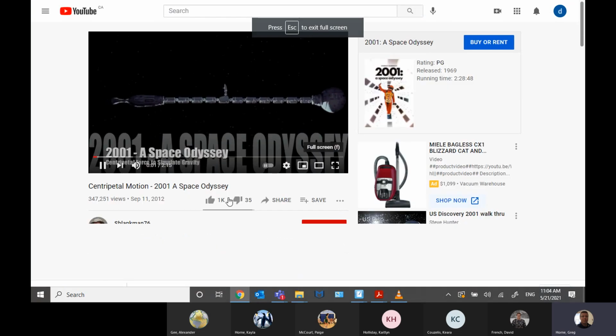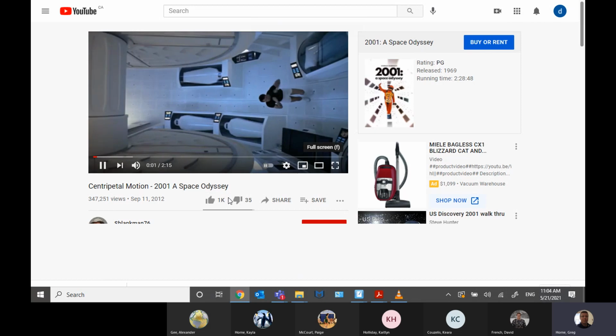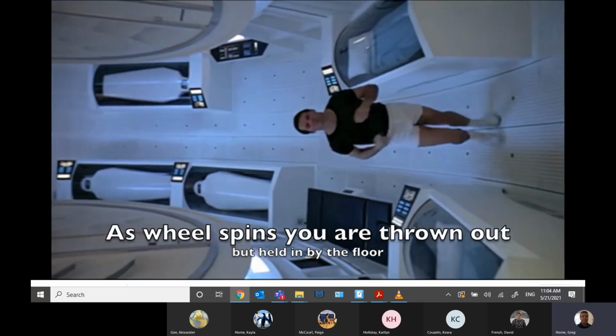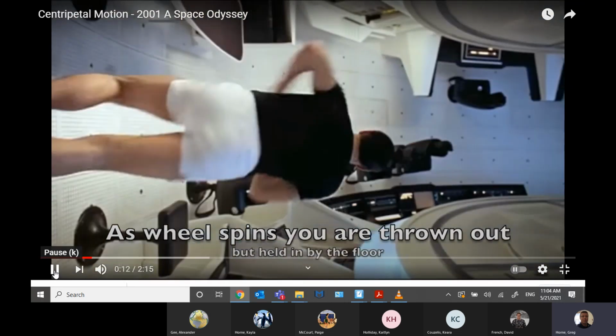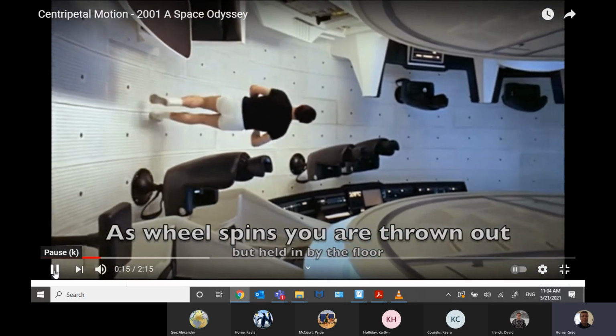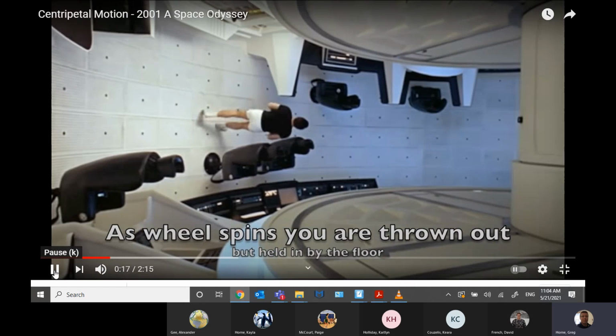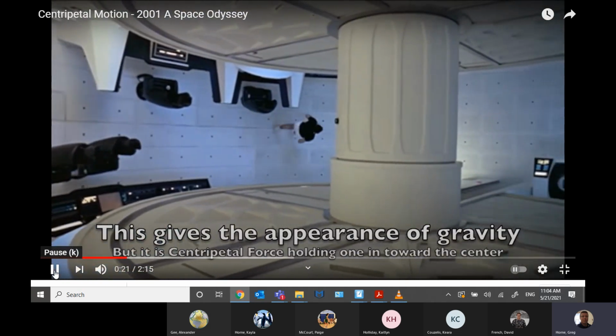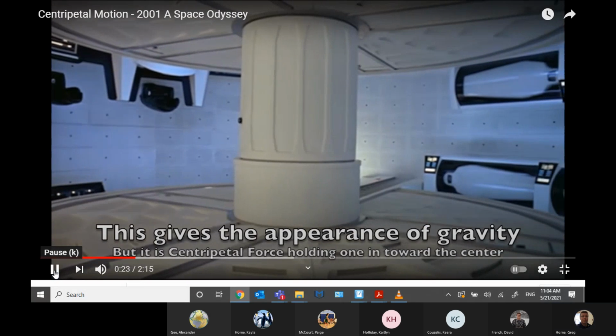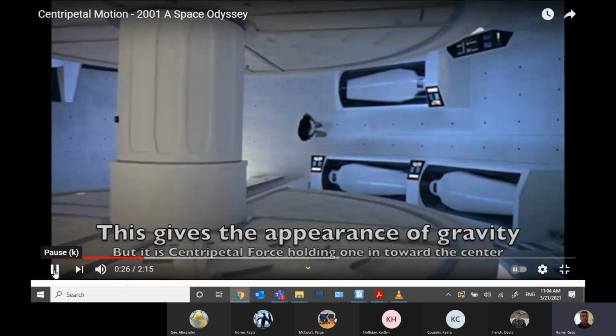So it's clips from the movie A Space Odyssey. There's some wording in this I don't like, but basically he's in this very obvious circular room. The circular room is rotating, and as a result, he's able to run around and feel like normal gravity, somewhat anyways.